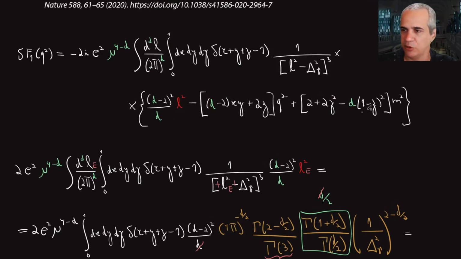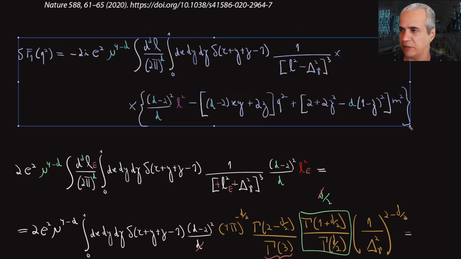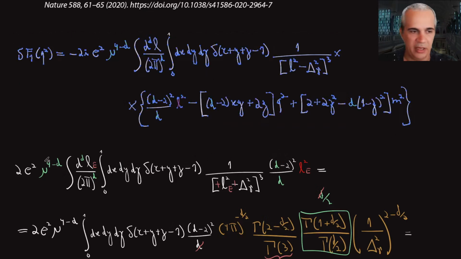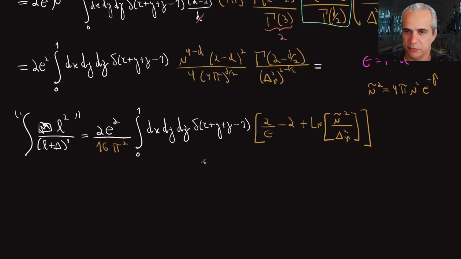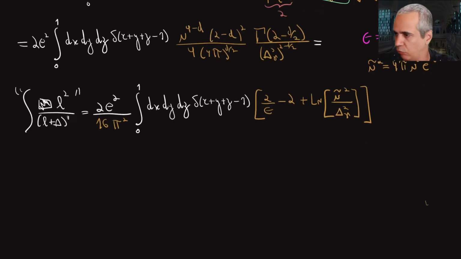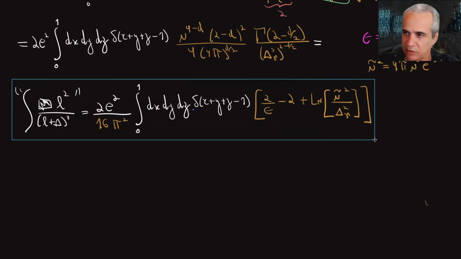Now I want to do this other integral. Let me copy everything and then I'll get rid of the L squared part. So this is one of the things I'm interested in. Let me put a box around it.